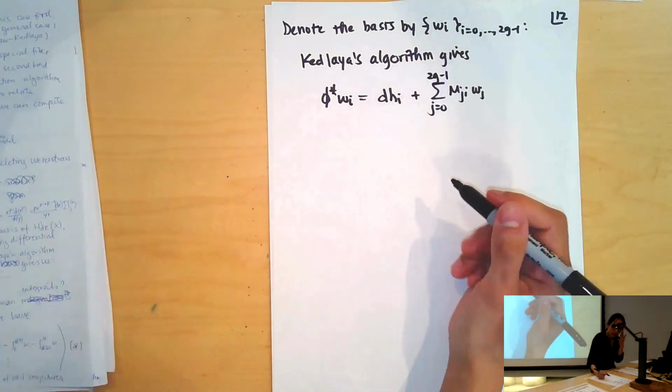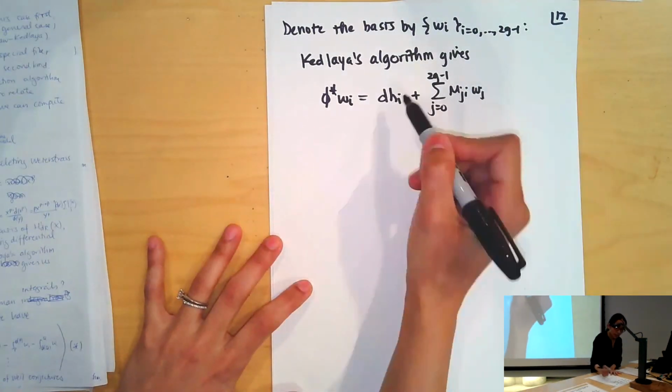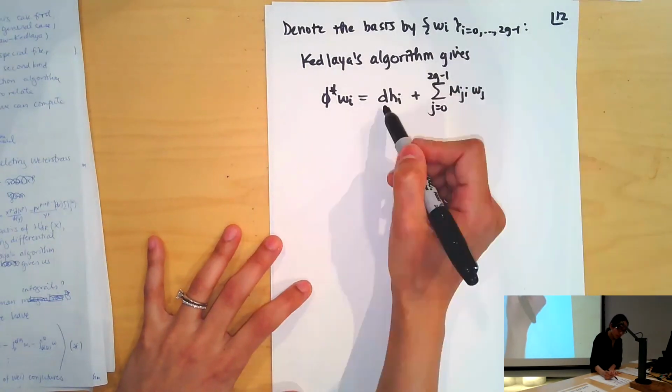And so there is a precise linear combination of d's of monomials that you'll take, and at each step you'll collect those into this, in the end, this dh_i.